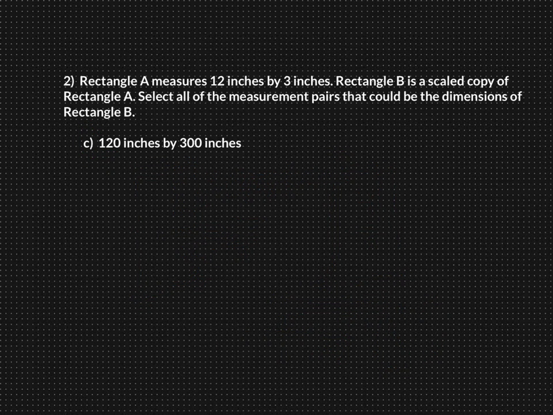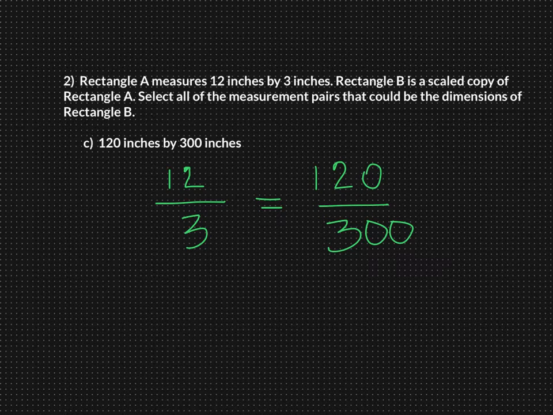Next one. So again, I'm going to start out with 12 over 3. And I want to see if that's equal to 120 over 300. Now, probably you've already noticed that the 3 is the 3 and the 12 is the 12, but are they really scaled copies?